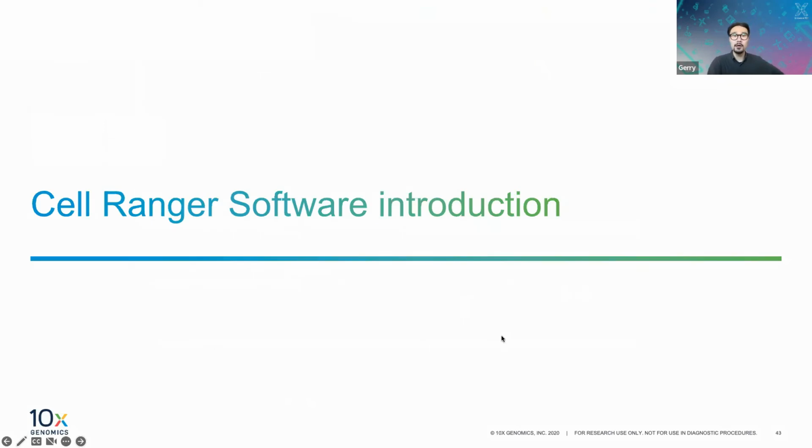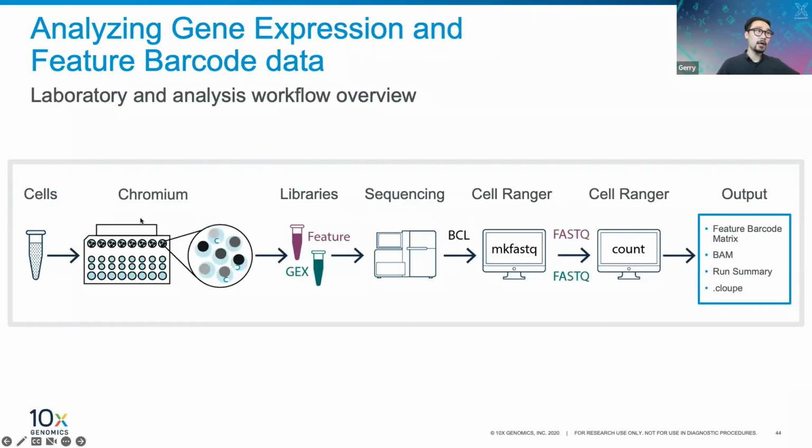Okay, so now moving on to the analysis portion. The Cell Ranger software is the software that we use for analysis. The workflow is that you'll have your cells, which are then partitioned into GEMs, which are the gel beads in emulsion. These GEMs are where your single cells are partitioned and from which you generate libraries. The libraries are sequenced.